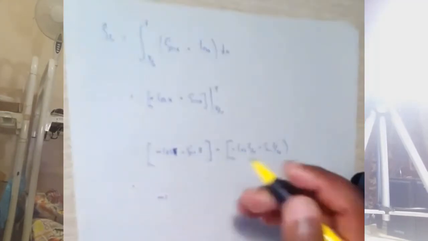Okay, let's solve this. I will need my calculator. Cos 180 is equal to -1, and sine 180 is equal to 0.